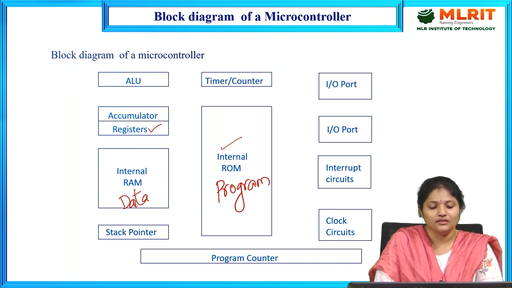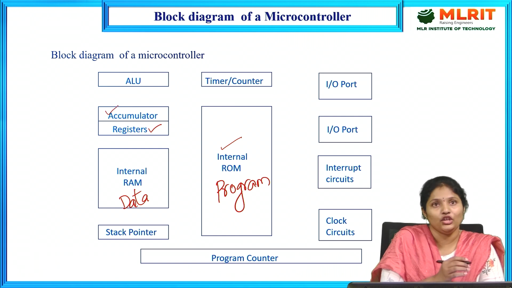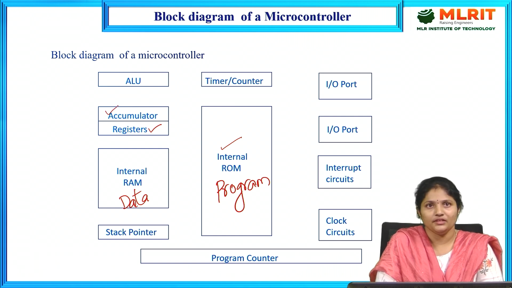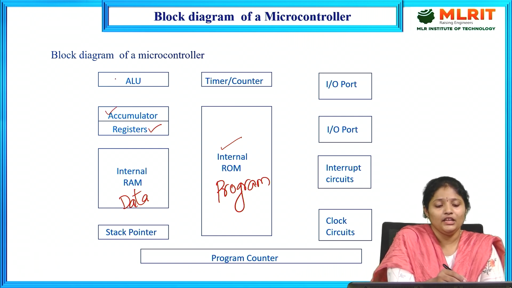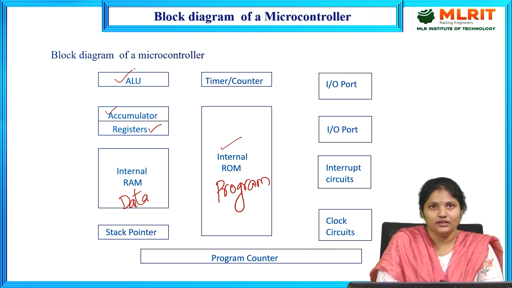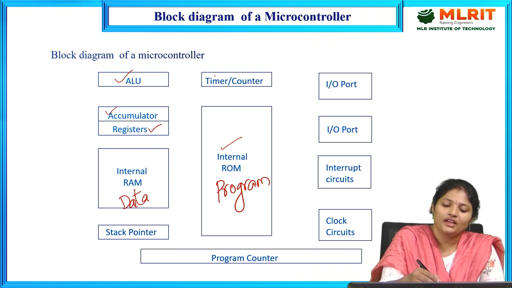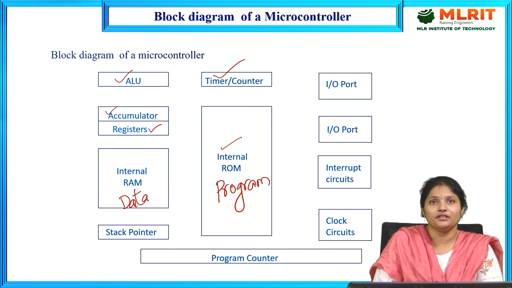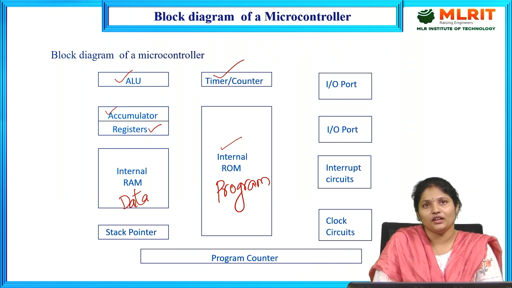The accumulator is also a register. The ALU, arithmetic and logic unit, performs the arithmetical and logical operations. We also have timers and counters in the microcontroller to perform specific tasks within a time.